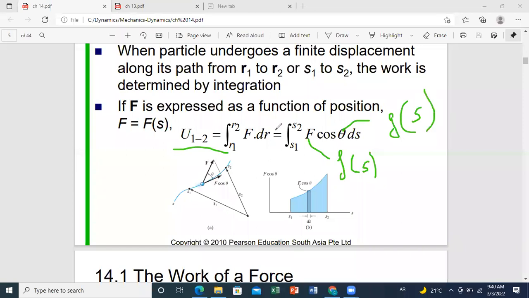You know that the integral of a function with respect to a certain variable represents the area limited between the curve and the axis of the variable. So here, if I represent F cosine theta as a function of s, I can say that the work produced by F when I displace from s1 to s2 is equal to this area here.